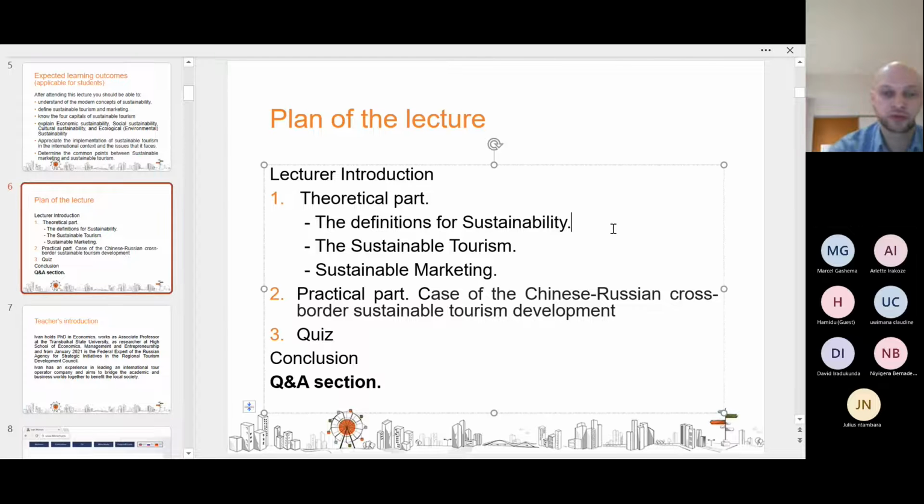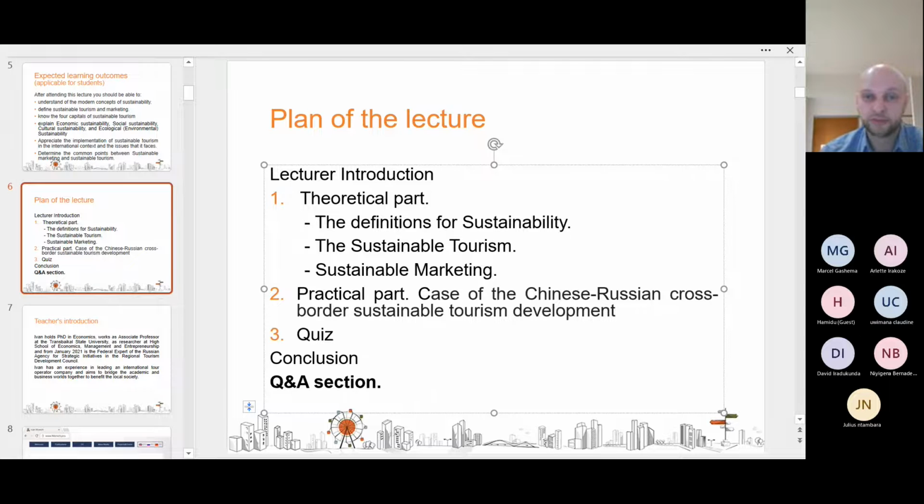For example, I'm sure you have heard about ESG, the environmental, social, and governance paradigm. So let's trace the roots of this by tracing sustainability.